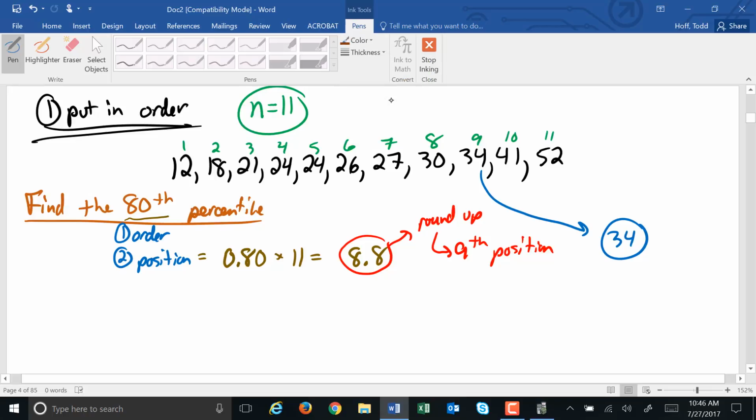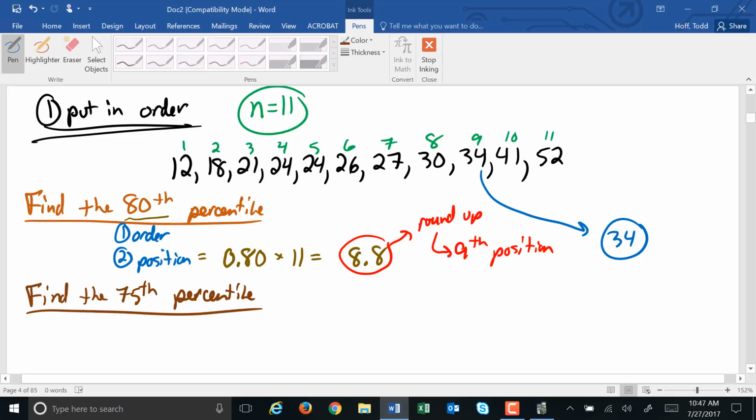Now this is a small set of data, only 11 numbers. Because of that, there are some little quirks as we're finding these things. Like if I were to ask you to find the 75th percentile.